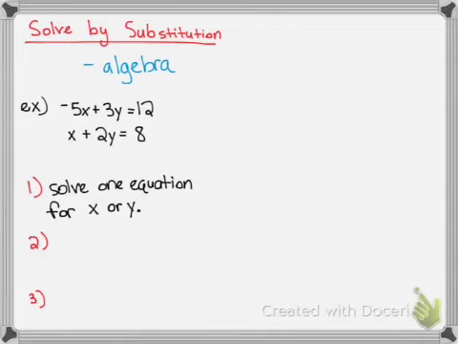So if I look at this second equation here, notice that this x doesn't have anything in front of it. So it would be really easy for me to solve that equation for x. And if I do, that equation becomes x equals 8 minus 2y. I just moved the 2y over and I isolated the x.